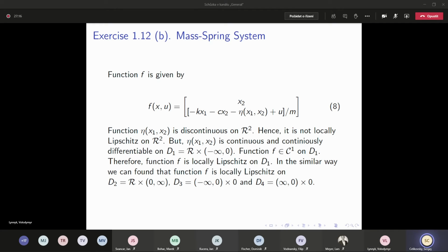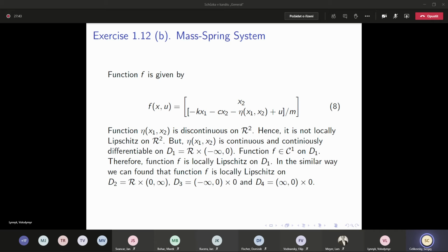Obviously kx1 is viscous friction, but then you may have dry friction, Coulomb friction, static friction. There are various models, and often, for instance, in the case of static friction or Coulomb friction, this is discontinuous.